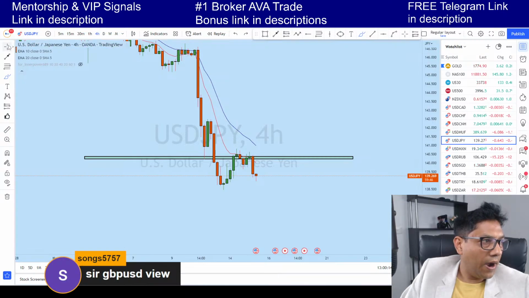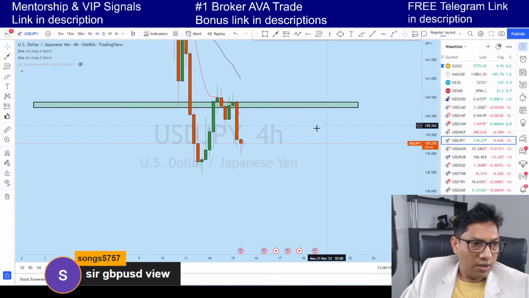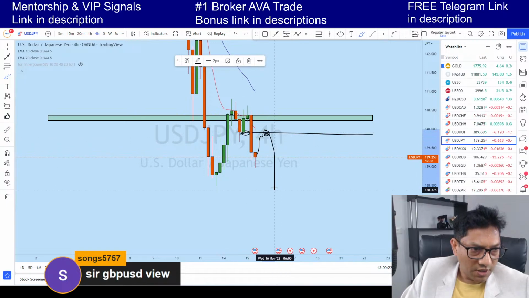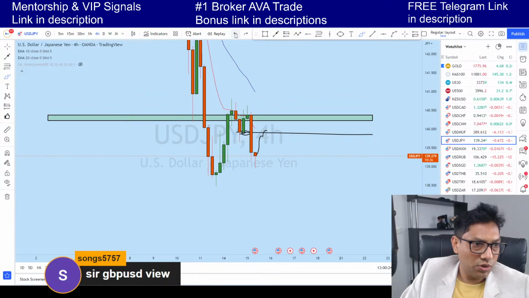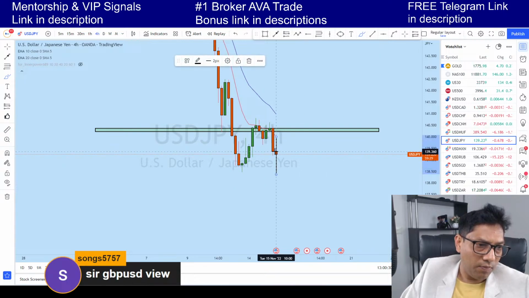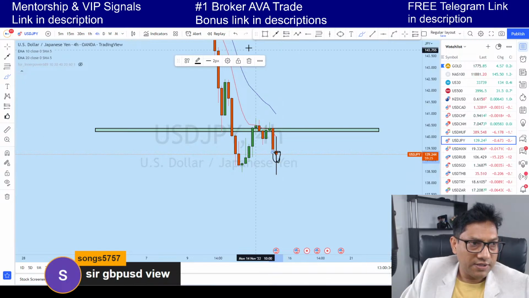This session we might see dollar yen going up to test this previous support, which is turning resistance, and from here, once we see rejection, we will be selling dollar yen. If we see a kind of middleman, it will be a very good price action for selling dollar yen. So dollar yen, guys, is still bearish.